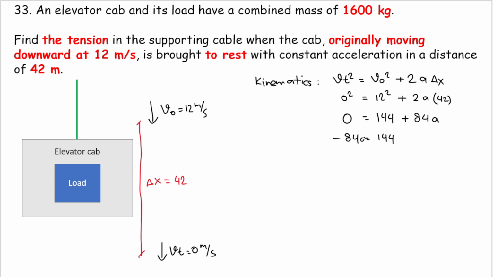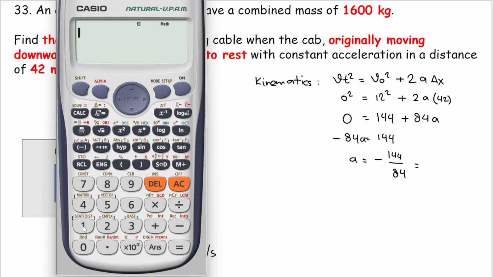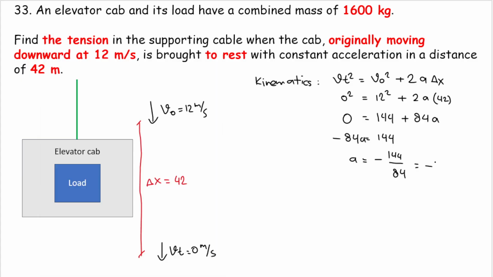So we can isolate the acceleration: a is equal to minus 144 divided by 84, which is 1.71. So I'll have minus 1.71 meters per second squared.